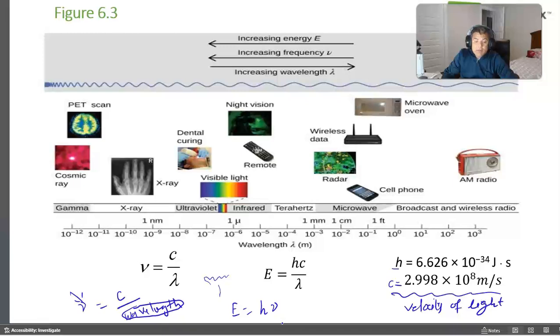It means that if frequency increases, energy also increases. That's why, look at that, X-ray has 10 to the power minus 10, gamma ray has 10 to the power minus 12. That much small wavelength means a huge frequency, more energy.